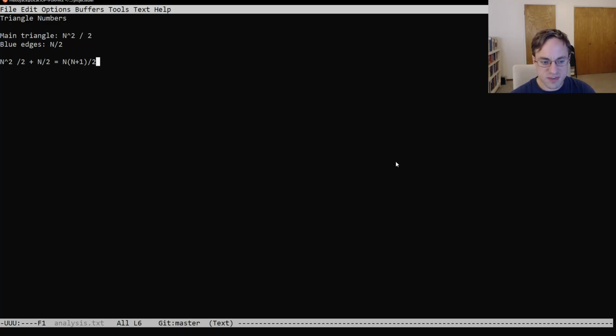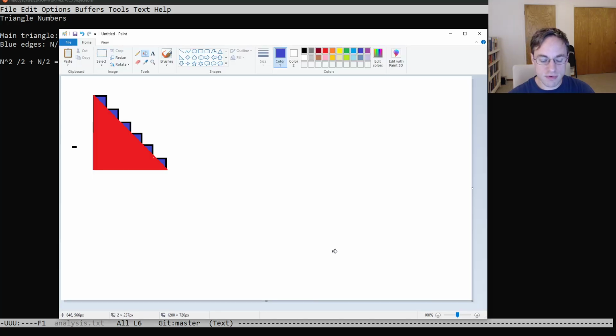So if we wanted to expand this to look at the pyramid numbers, their name already gives a hint for where we're going to be going with this. Unfortunately, my artistic abilities are not strong enough to actually draw you a three-dimensional pyramid, but you might imagine, if we're looking down at a pyramid from above, what that might look like.